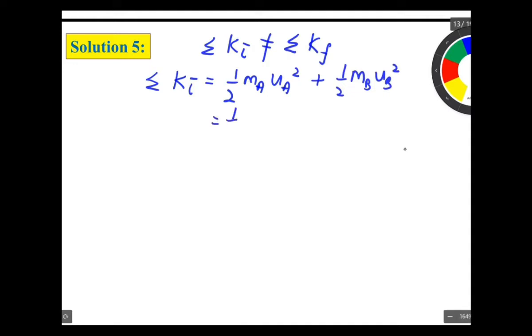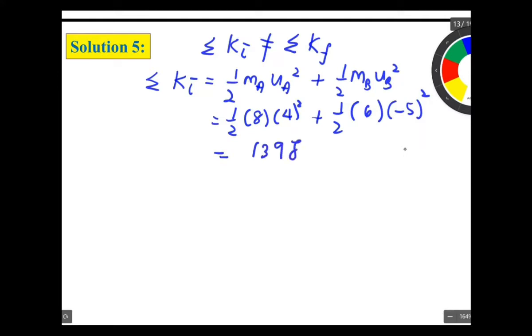So substitute the value, half 8 times 4 square plus half 6 times negative 5 square. So the answer is 139 joule.